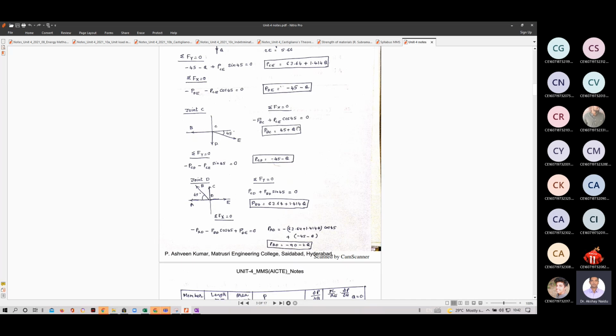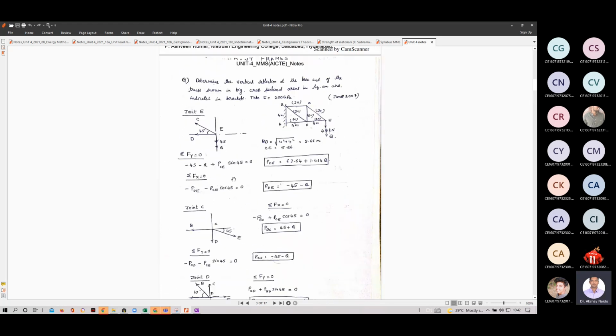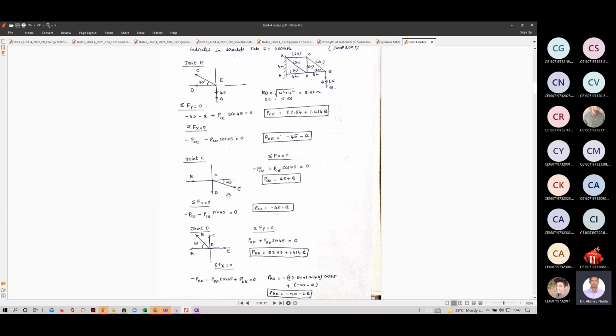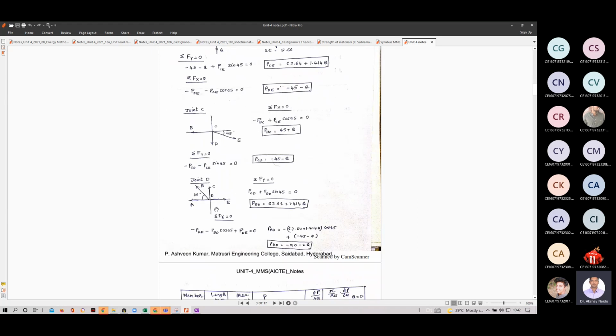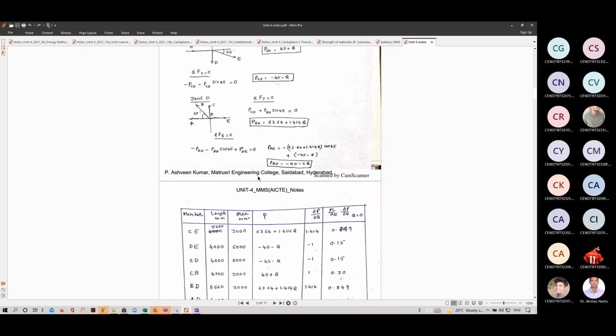So again, sigma Fx equal to 0. You will get force in BC and force in CD by sigma Fy equal to 0. And then similarly, joint D also you can do. Then you found this and this. So all member forces you have found.